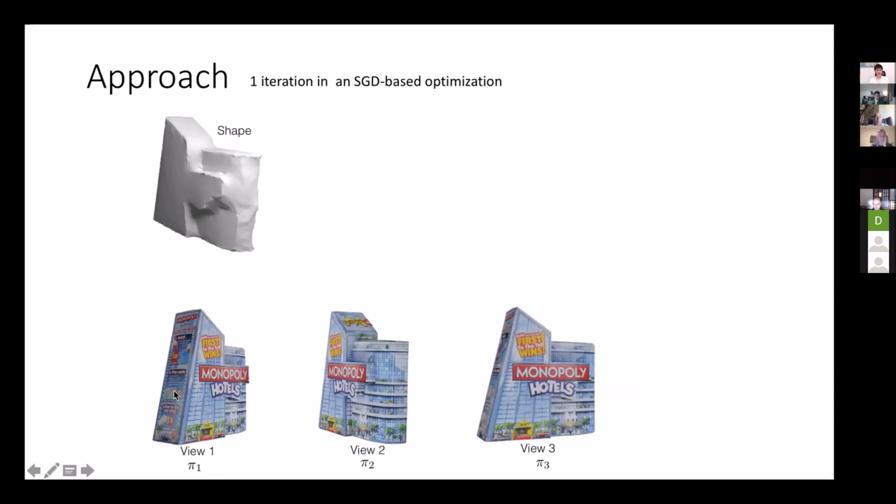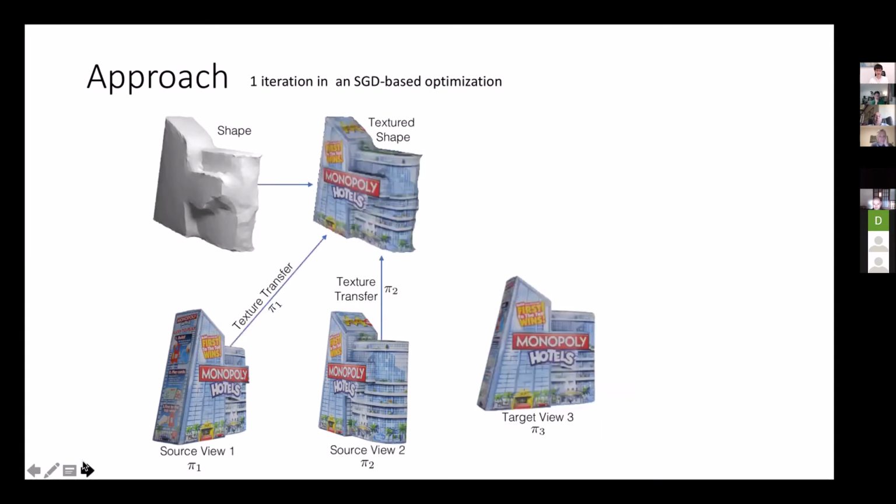Here is some object for which I have different views, and this is my current shape. If I have a shape, I never estimate the texture. I merely transfer the texture, from this source view or from this source view. Now, which view should I transfer from? Note that in different views, only a part of the object is visible.